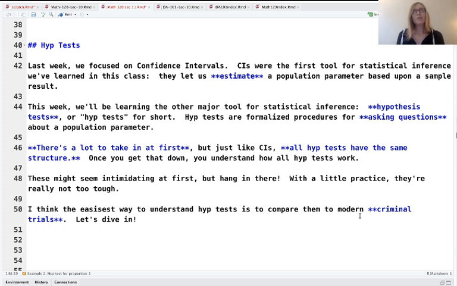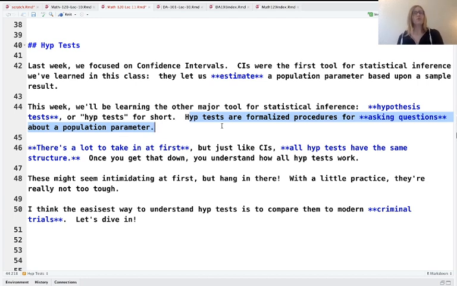To establish the context a little bit, confidence intervals are all about estimation. Confidence intervals are all about estimating a population parameter based upon our sample result. Hypothesis tests, on the other hand, are tools for asking questions.